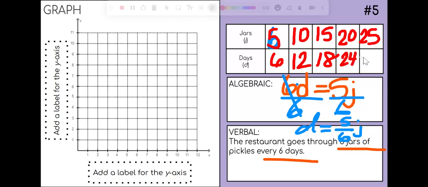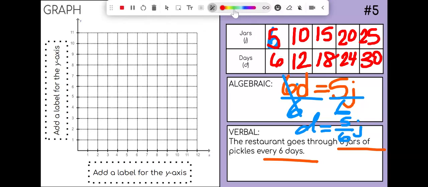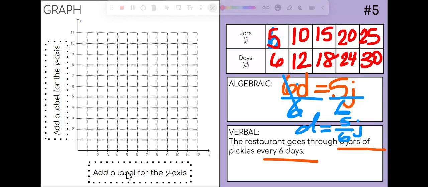And now 6 times 5. But it all comes back to 6 days and 5 jars. We're going to plot this on our graph here. This is days, and this is jars. Of course, if no time passes, we go through no jars of pickles.